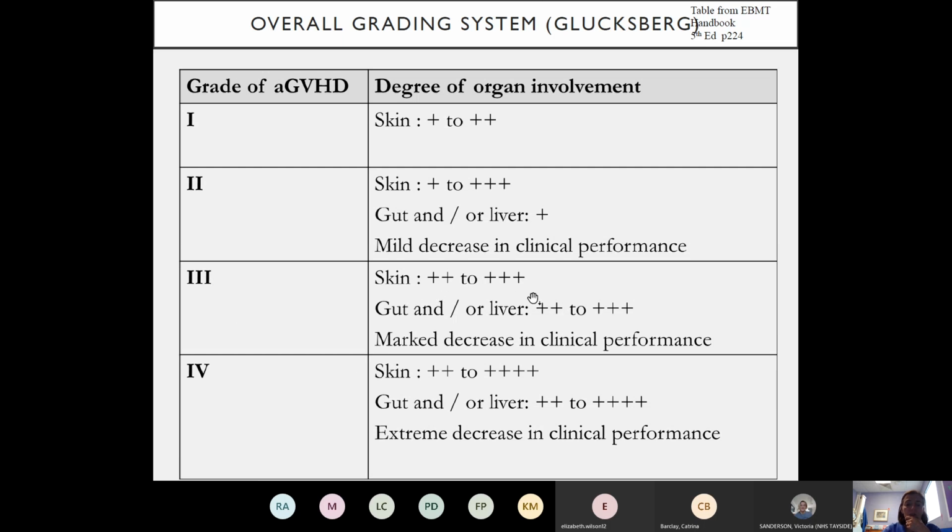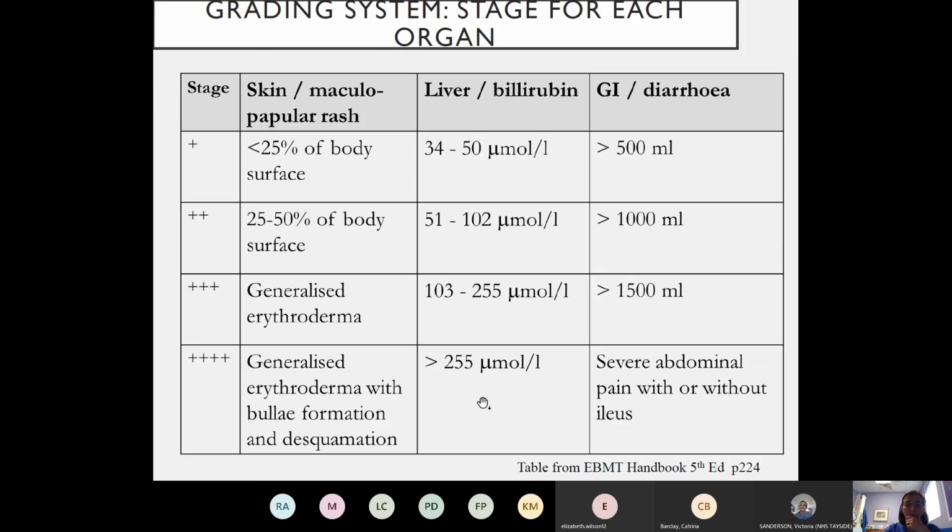If you get 2 to 3, gut and or liver 2 to 3, you've got GVHD of grade 3. If we go back one, GVHD of the gut is quantified in terms of diarrheal losses. So if you're putting out more than a litre of stool a day, you're into grade stage plus plus plus.